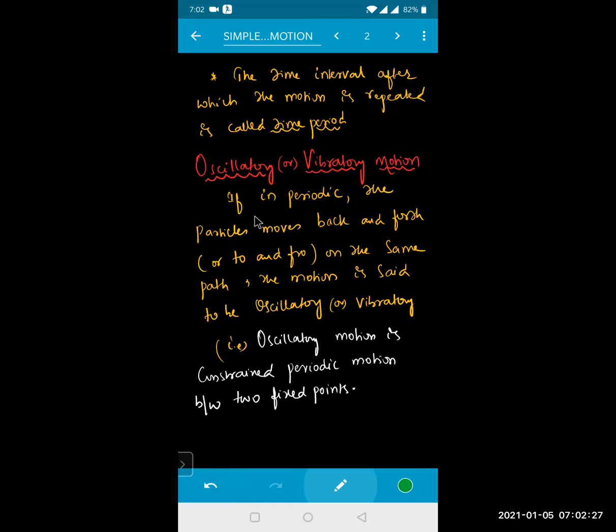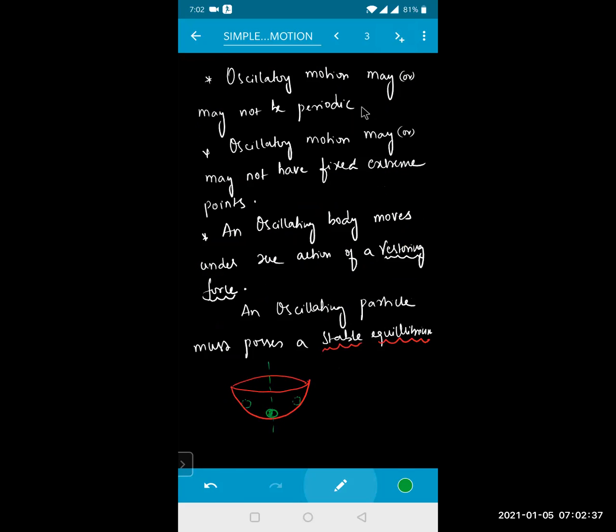Whereas if in periodic motion the particle moves back and forth on the same path, then the motion is said to be an oscillatory motion, also called vibratory motion. Some restoring force is acting on that body to bring it back, so that restoring force is responsible for the oscillation. And in an oscillating particle, what must the equilibrium be, beta? It should always possess stable equilibrium. Then only we can say that the particle is undergoing an oscillatory motion. Is it clear?